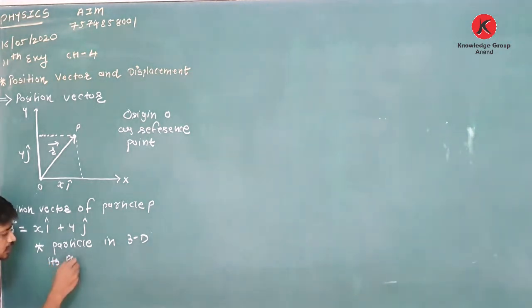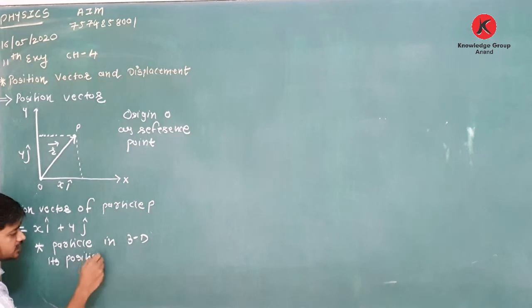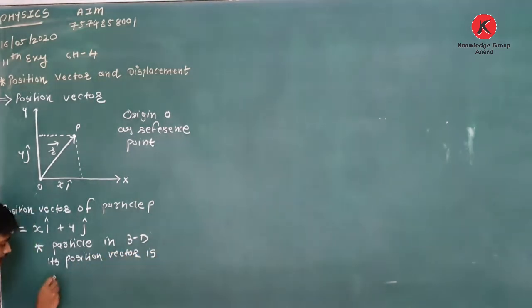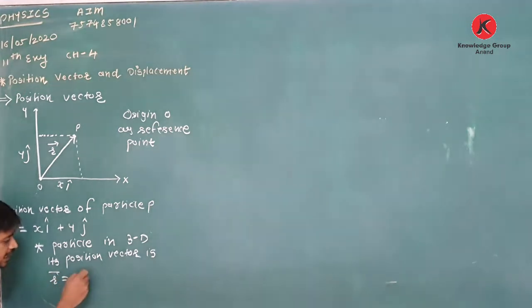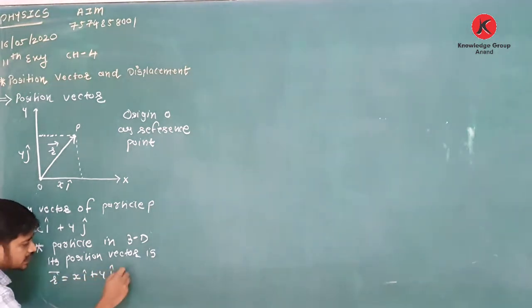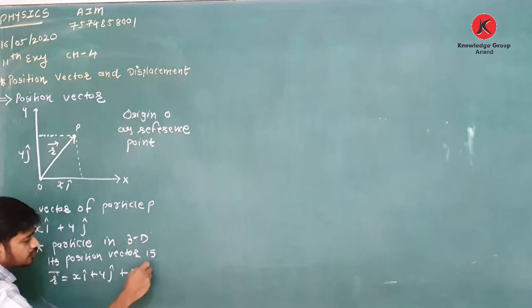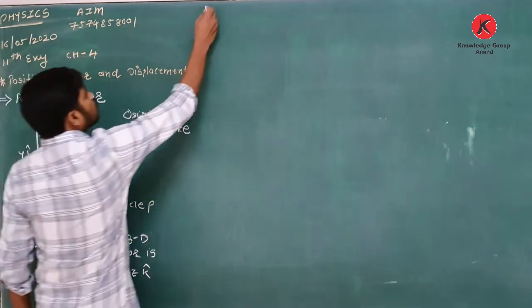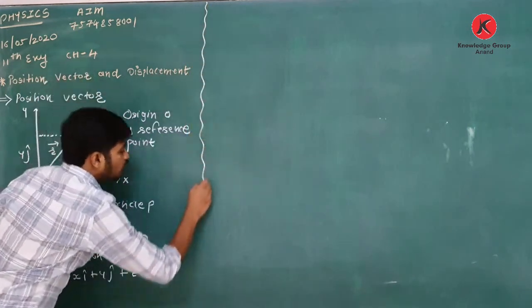Its position vector R is equal to xi plus yj plus zk. Clear about this? You have to remember this thing. Position vector of particle P is R equal to xi plus yj, where x is the x coordinate and y is the y coordinate. Now we will see what is displacement.